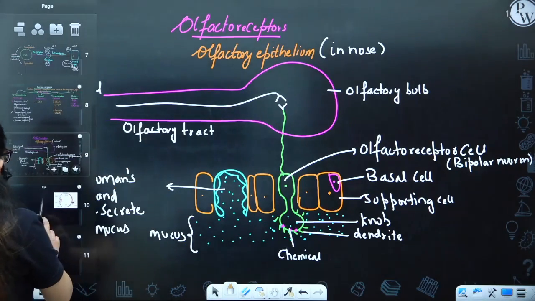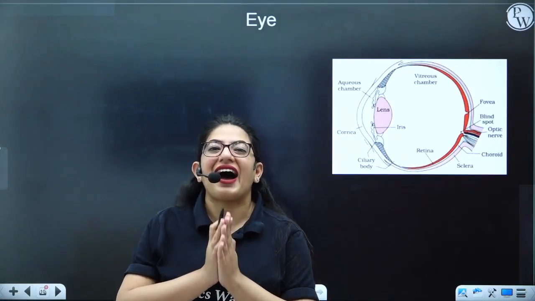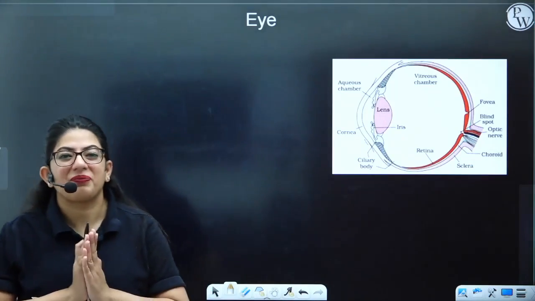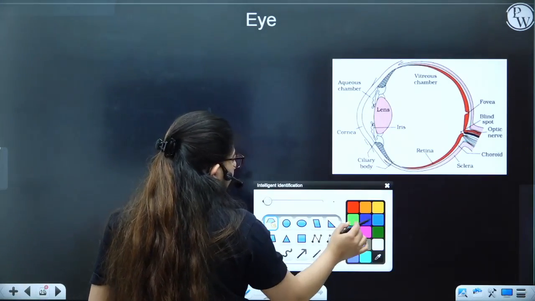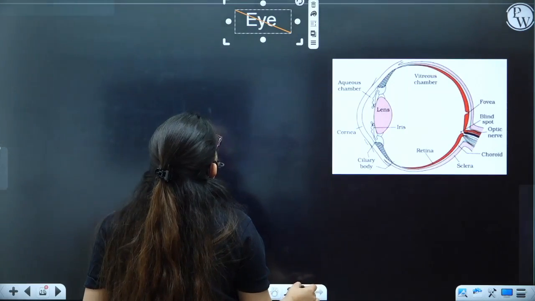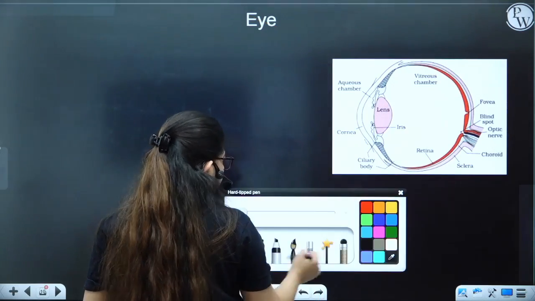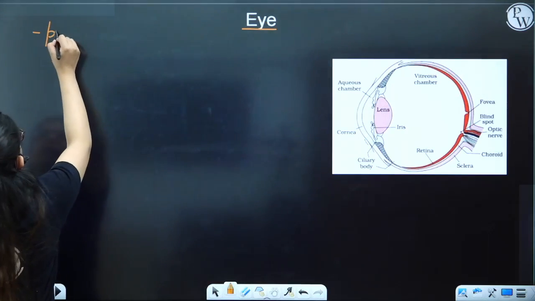Let's talk about your very important sense organ. Yes, that's the eye. The eye is a very important sense organ, and where is it present? In the socket, the orbit of the skull.